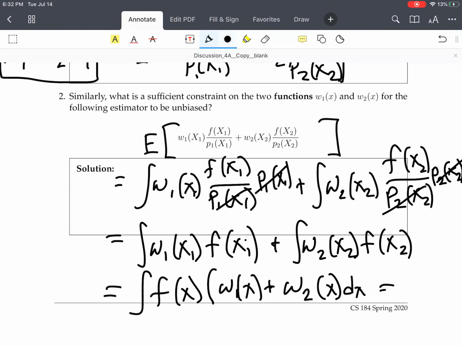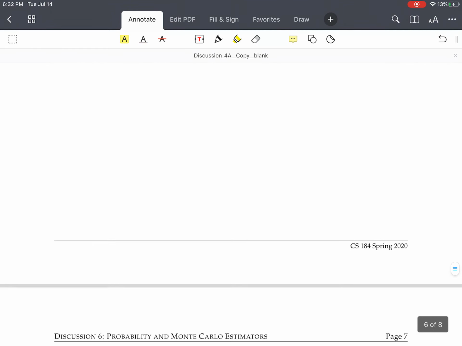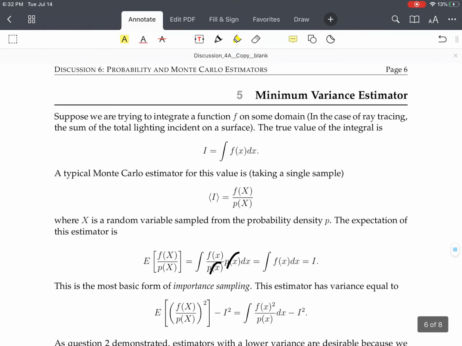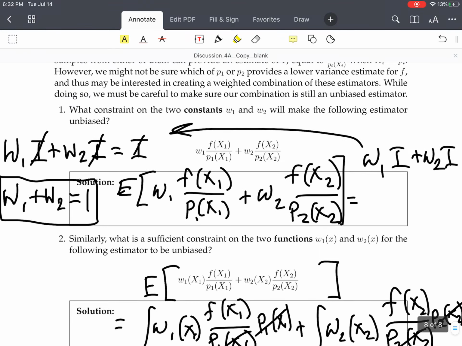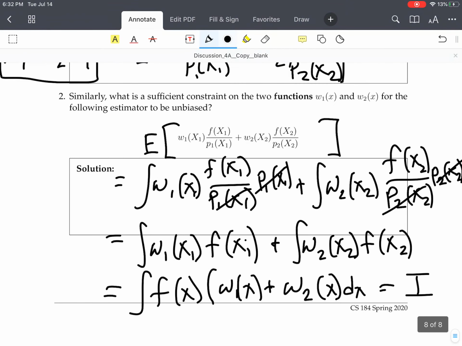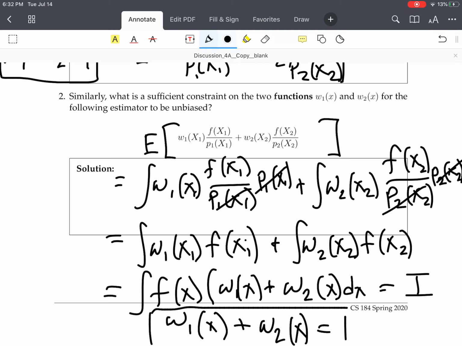And we want this to equal I. And if we come all the way up here, I is equal to just the integral of f of x. So what we want is, once again, for this whole term to drop out, and the way we do that is by saying w1 of x plus w2 of x should equal 1. Okay, so a similar constraint to what we saw in constant land, now in function land. And so that's what we need to do to keep this estimator unbiased.